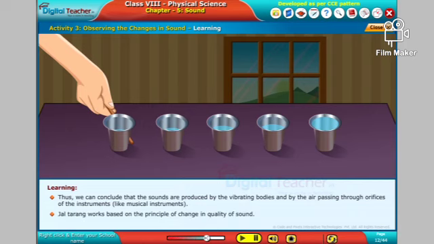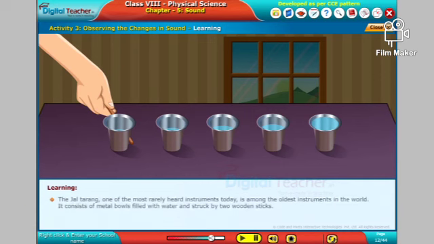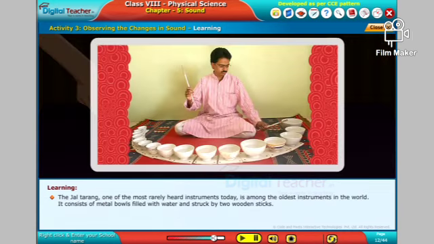Jal Tarang works based on the principle of change in quality of sound. The Jal Tarang, one of the most rarely heard instruments today, is among the oldest instruments in the world. It consists of metal bowls filled with water and struck by two wooden sticks.